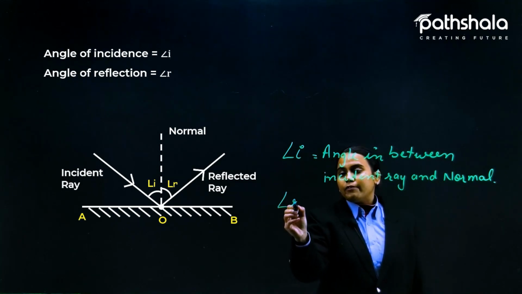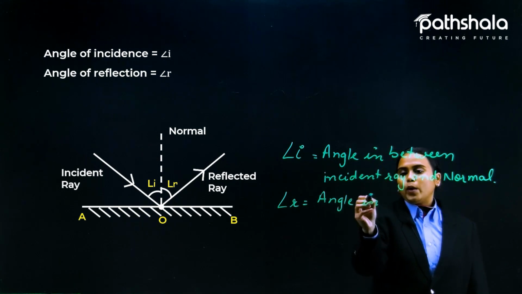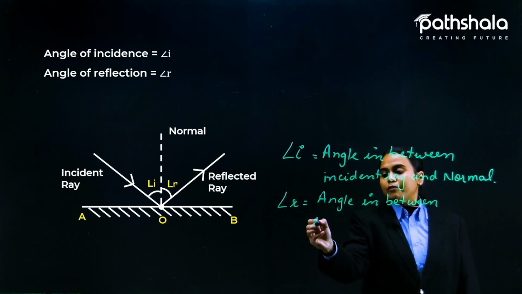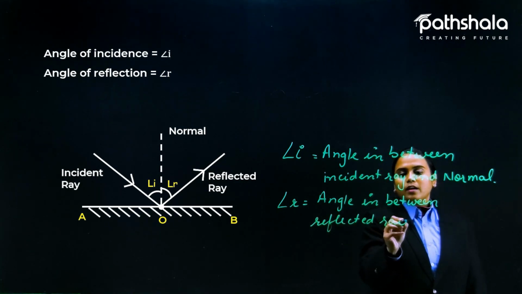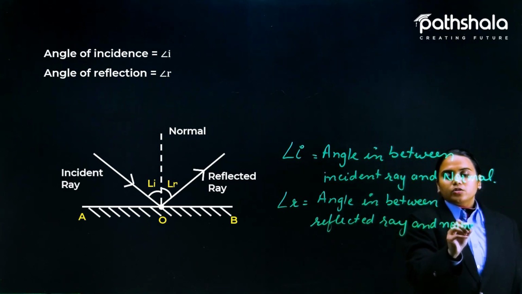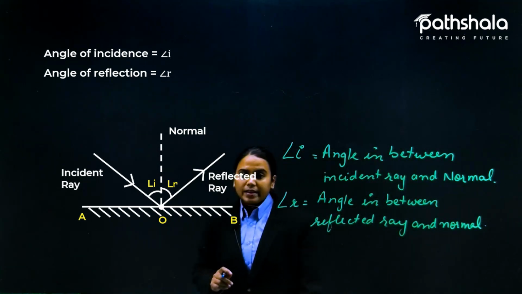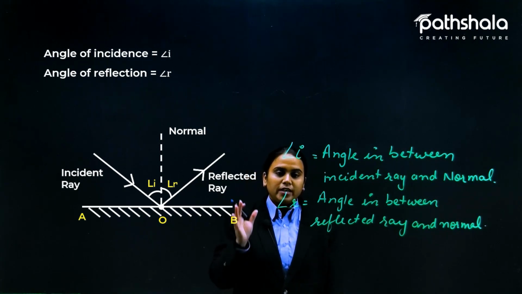The angle of reflection is the angle in between the reflected ray and the normal. So here are the two angles, and these angles are very important because we need to know the laws of reflection in the next slide.